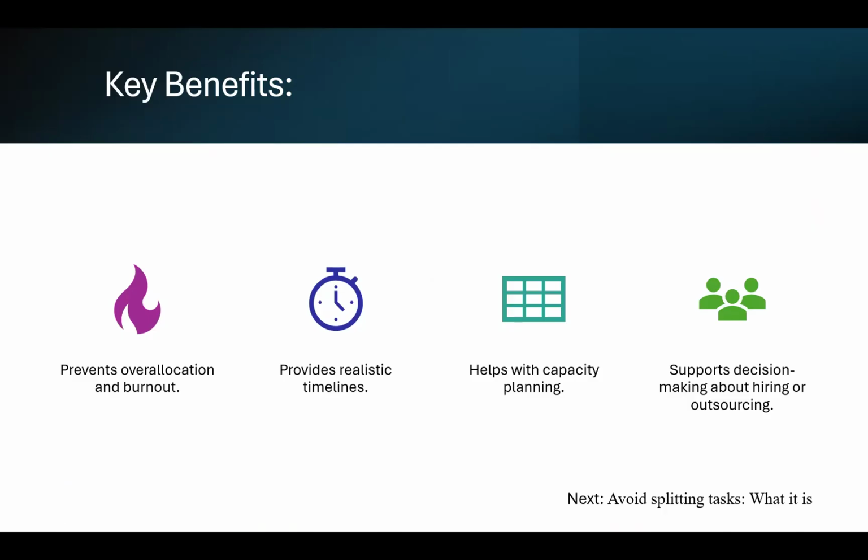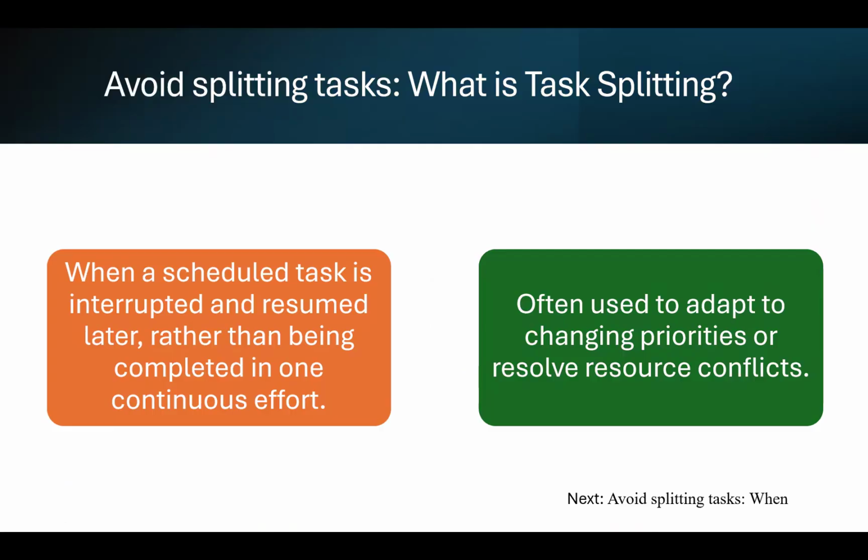Avoid splitting tasks. What does that mean? It's when a scheduled task is interrupted and resumed later, rather than being completed in one continuous effort. So we could start something, then we pause, go work on another task, and come back to the original task.